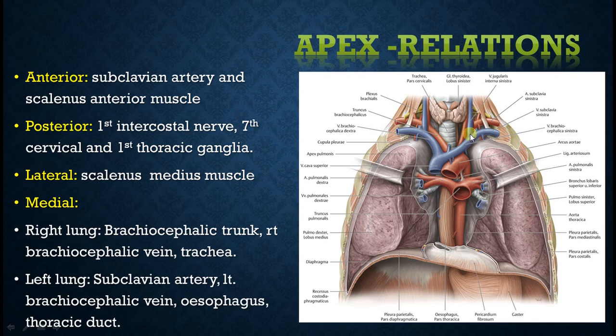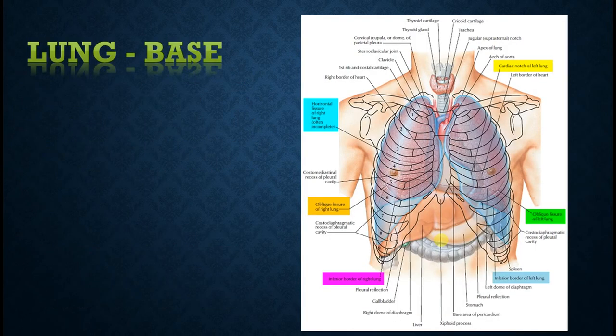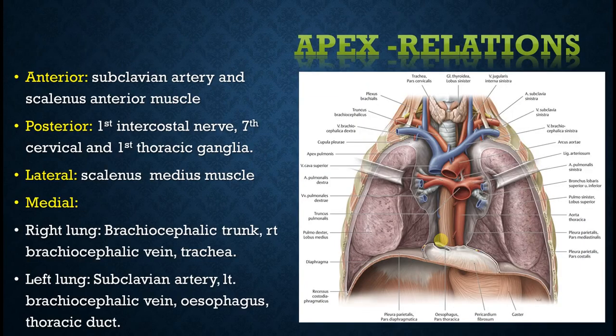Just understand, on the left side it is the left brachiocephalic vein, subclavian artery, esophagus. On the right side, trachea, right brachiocephalic vein, brachiocephalic trunk. And in between these vessels and the pleura you have the phrenic nerve and the pericardiophrenic vessels descending.